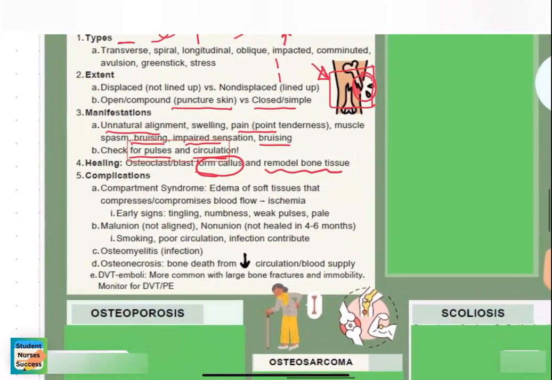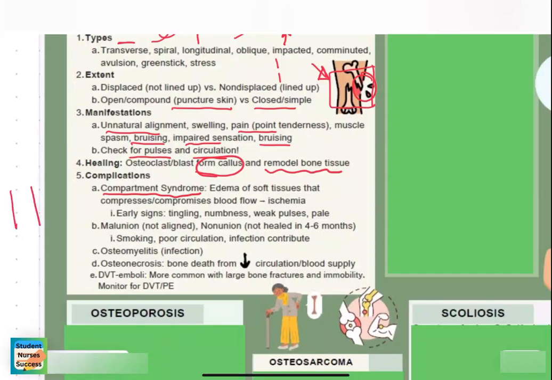Complications of a fracture, one would be compartment syndrome. Compartment syndrome is when there's so much swelling that this swelling has really started to impact the soft tissues and is pressing against the blood vessels, decreasing blood flow through the extremity. A lot of times with compartment syndrome, we see it when we put a cast on.